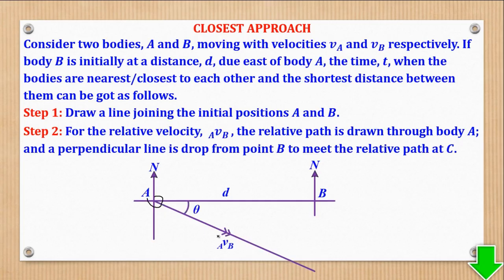Relative path is this, the direction of the relative velocity. And then at body B, drop a perpendicular to meet the relative path at point C. So in that case, the distance BC is what we call the minimum distance or the shortest distance between the two bodies.